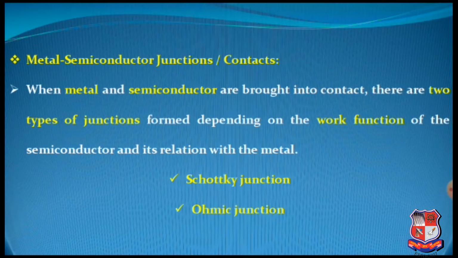Metal semiconductor junction, or you can say the contacts. When metal and semiconductor are brought into contact, there are two types of junctions formed depending on the work function of the semiconductor and its relation with the metal. As I discussed earlier, the conductor materials may be copper or aluminum.